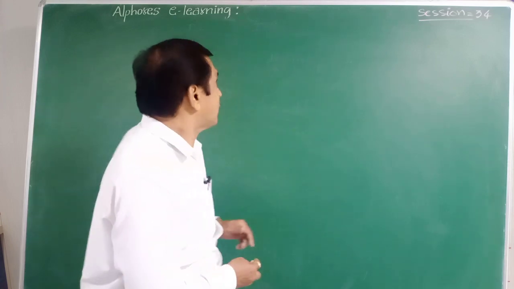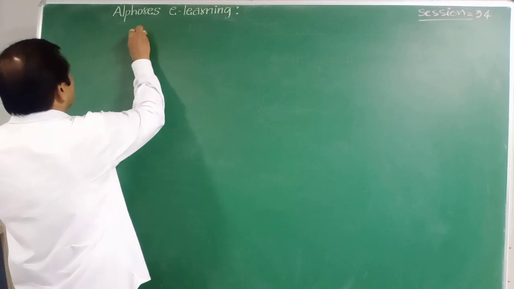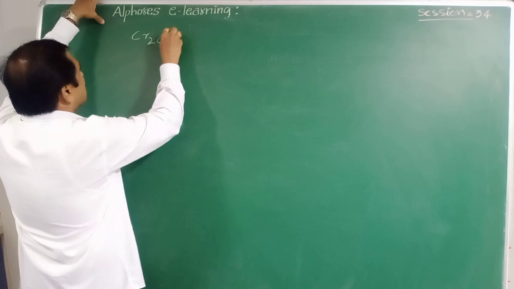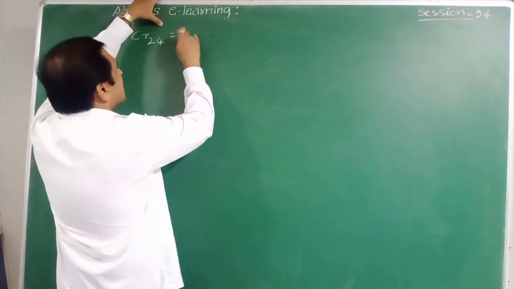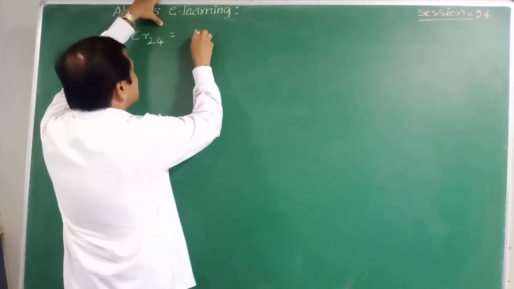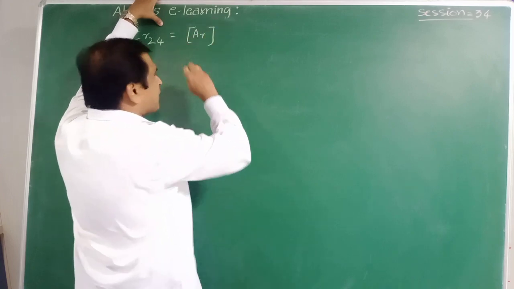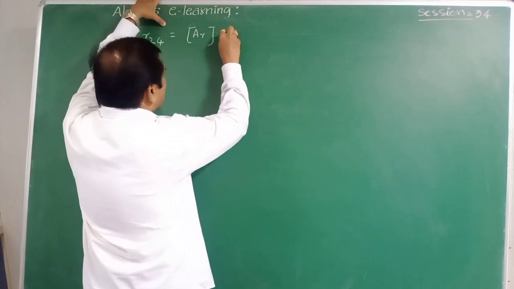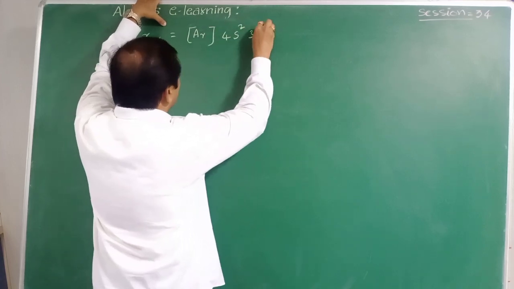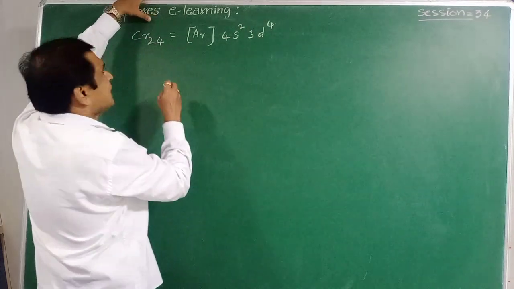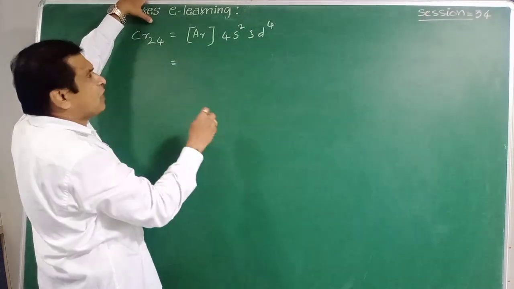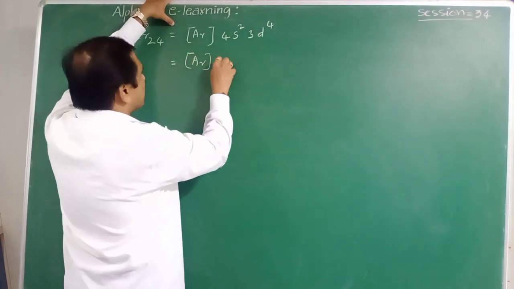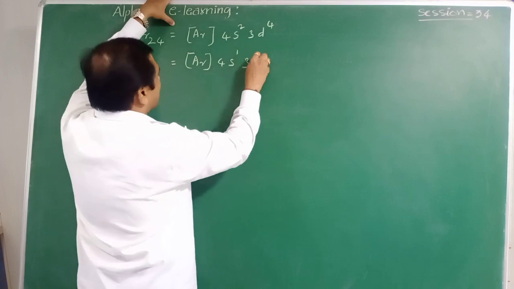Today we will take up the anomalous configuration of chromium, atomic number 24. In the last session we explained its detailed configuration. The normal configuration appears like 4s2 3d4, and the deviation from the normal configuration, the anomalous configuration of chromium, is argon 4s1 3d5.